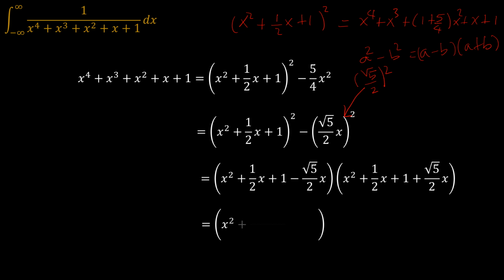So that becomes x squared plus 1 minus root 5 over 2 x plus 1, times x squared plus 1 plus root 5 over 2 x plus 1. So now we've gotten to this very good step that we wanted to get to. So we'll continue.